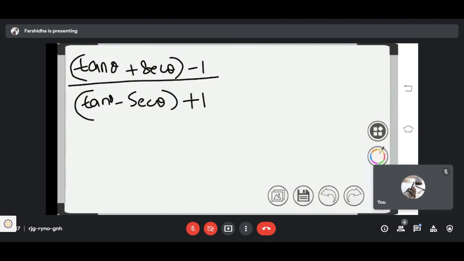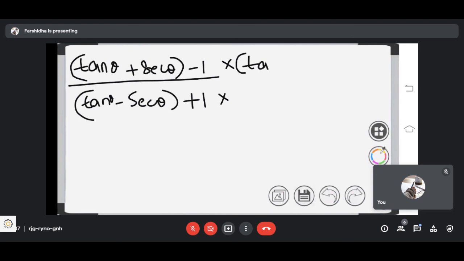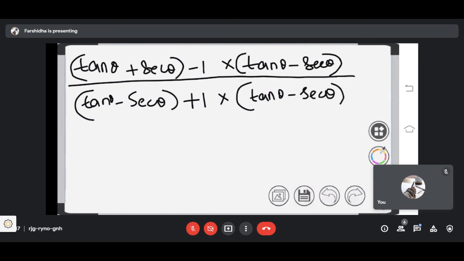So I'm multiplying both numerator and denominator by tan theta minus sec theta. Listen carefully or else you won't understand by looking at the textbook. Both multiplying by the same term, tan theta minus sec theta.